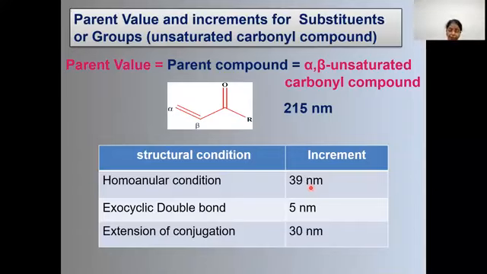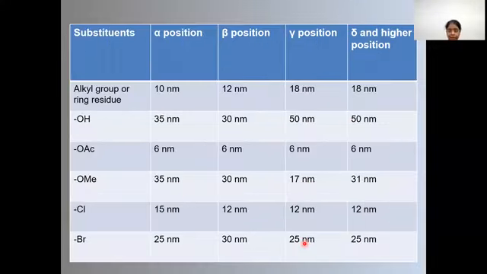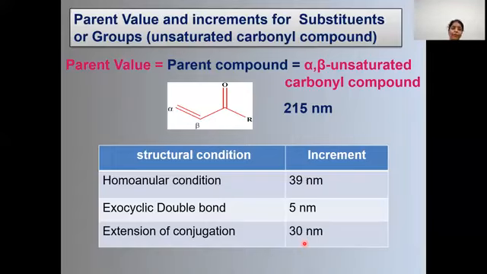In case of diene, it was 30 nanometer. Exocyclic double bonds 5 nanometer, extension of conjugation 30 nanometer. Now, the effect of the carbonyl group will be up to alpha, beta, and gamma positions.